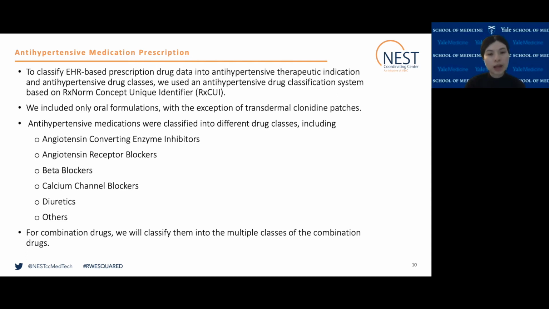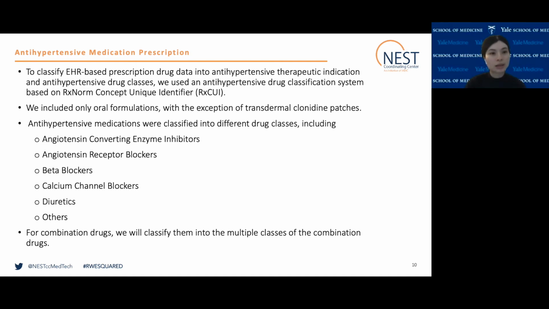Specifically, we classify antihypertensive medications into several drug classes, including ACE inhibitors, angiotensin receptor blockers, beta blockers, calcium channel blockers, diuretics, and other antihypertensive drugs. For combination drugs, we classify them into multiple classes.